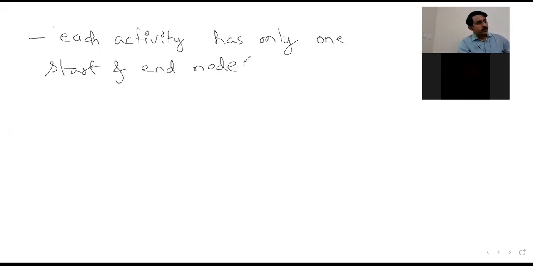Okay, so these are the different rules which we are supposed to understand before we start the network diagram. If there are any doubts, you can ask. Okay, so if you do not have any questions, go ahead.